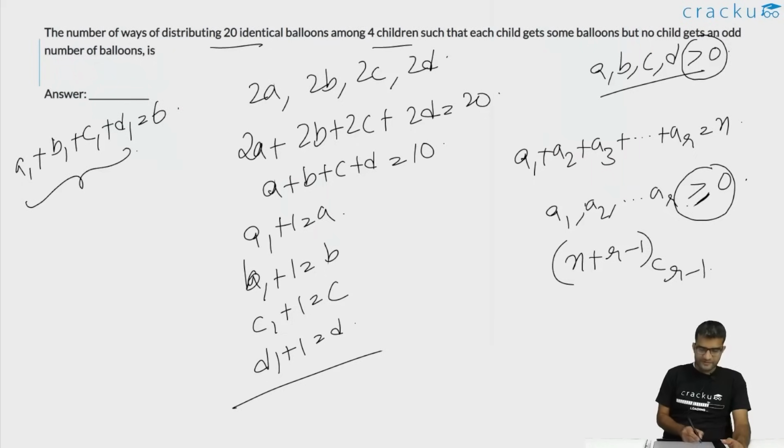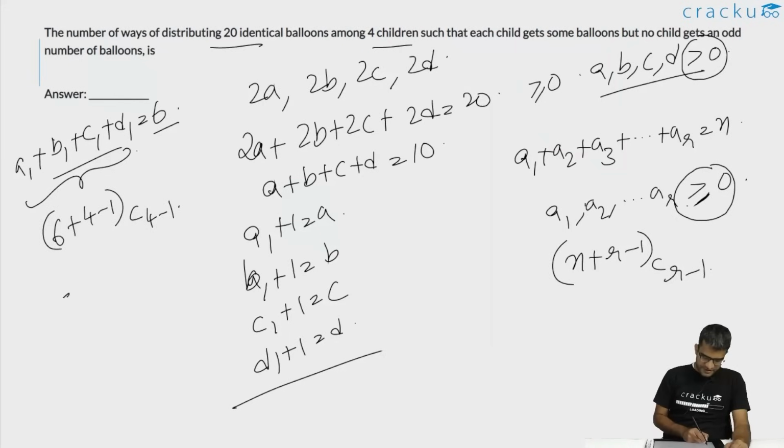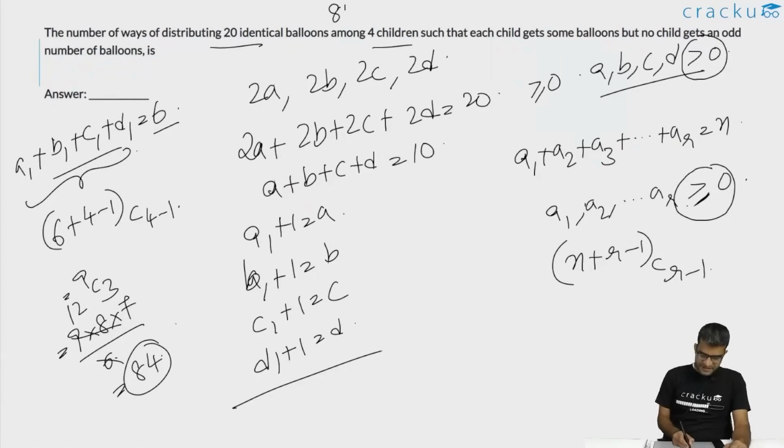Now each one of the new variables a1, b1, c1 and d1 are greater than or equal to 0, and therefore the number of solutions for this equation will be 6 plus 4 minus 1 c 4 minus 1. This is equal to 9c3, which is equal to 9 into 8 into 7 divided by 6. 9 into 8 is 72, divided by 6 is 12. This is equal to 84. So the answer for this question is 84.